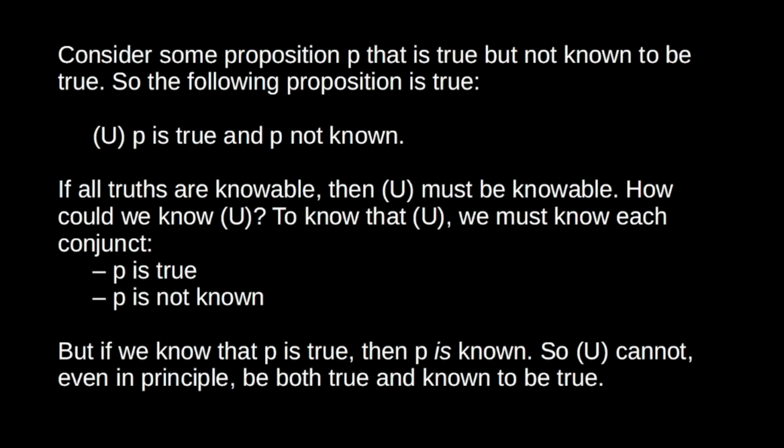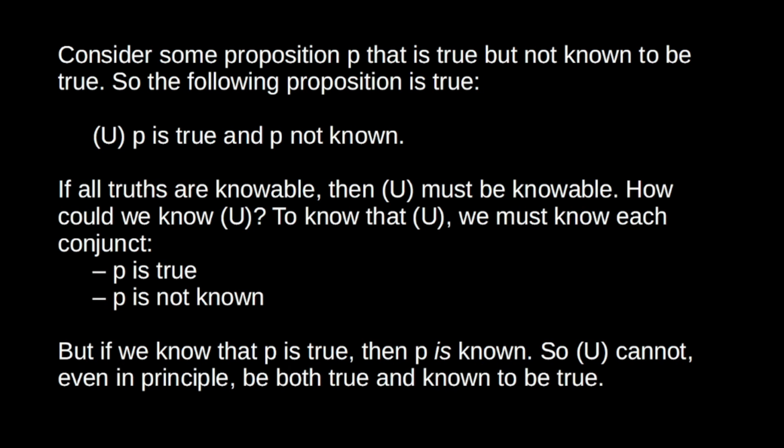But once we know U, we know each of the conjuncts. Obviously, if I know a conjunction, I'm going to know each of the conjuncts. So if I know P is true and P is not known, then I know P is true and I know P is not known. But if I know that P is true, then P is no longer not known.